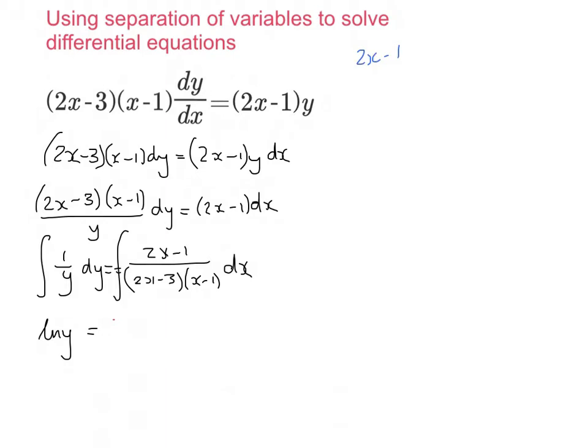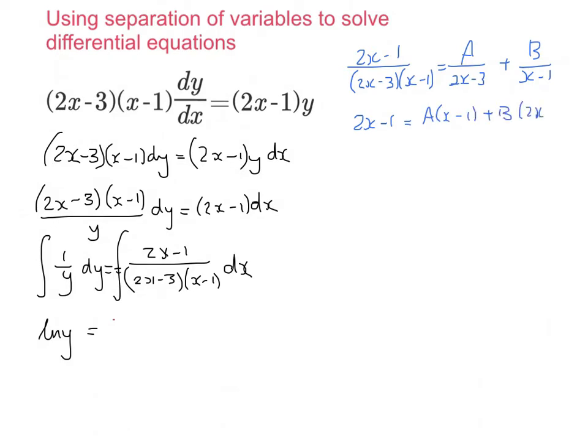(2x - 1) over (2x - 3)(x - 1) is going to equal something over (2x - 3) and something else over (x - 1). Cross multiplying, we get 2x - 1 = A(x - 1) + B(2x - 3).